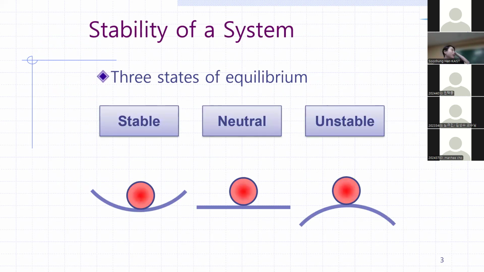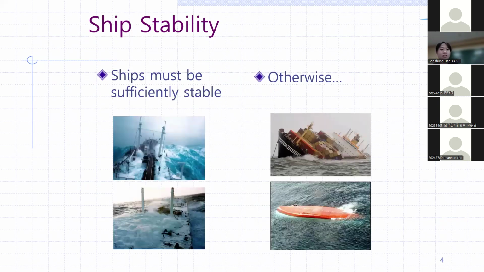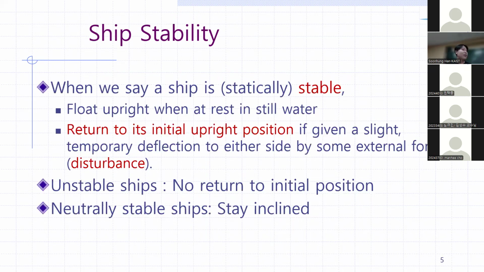There are three states of equilibrium in a ship: stable, neutral, and unstable. The ship must be sufficiently stable, because if the ship is unstable, it will be submerged in the ocean.